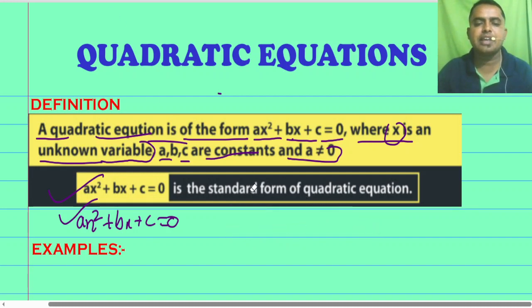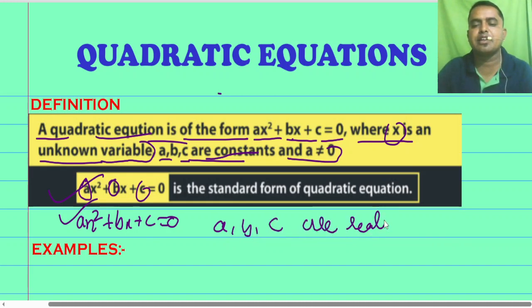And a, b, c are constants or real numbers, and a must not be equal to 0. So such equations are called quadratic equations.